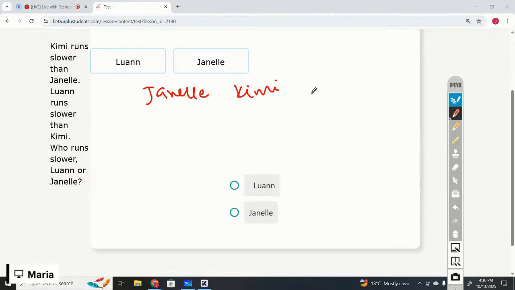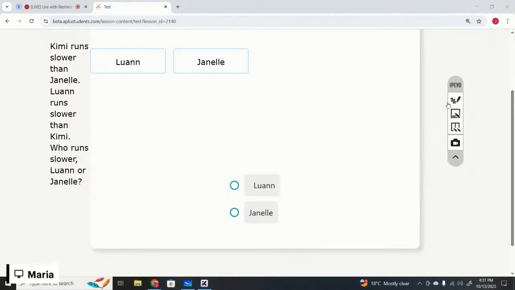Luan runs slower than Kimi. So here is Luan. Who runs slower, Luan or Janel? Janel it is. The correct option is Janel. Option number 2 is the correct option.